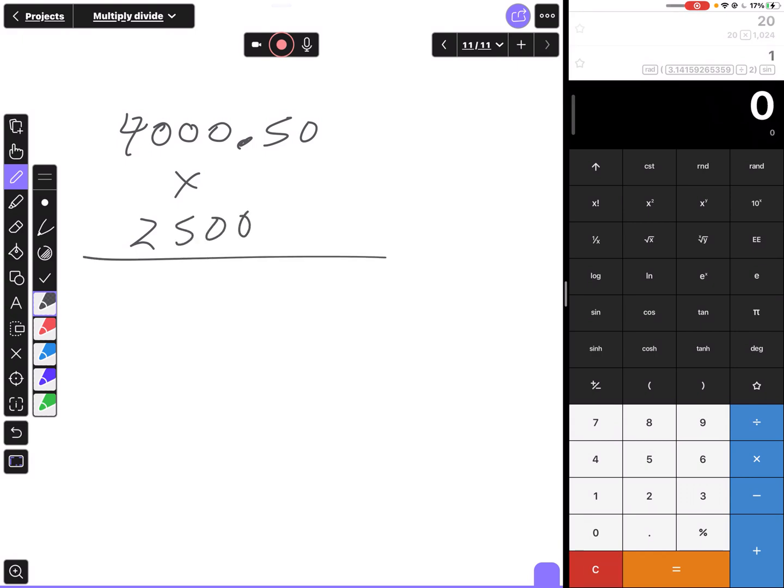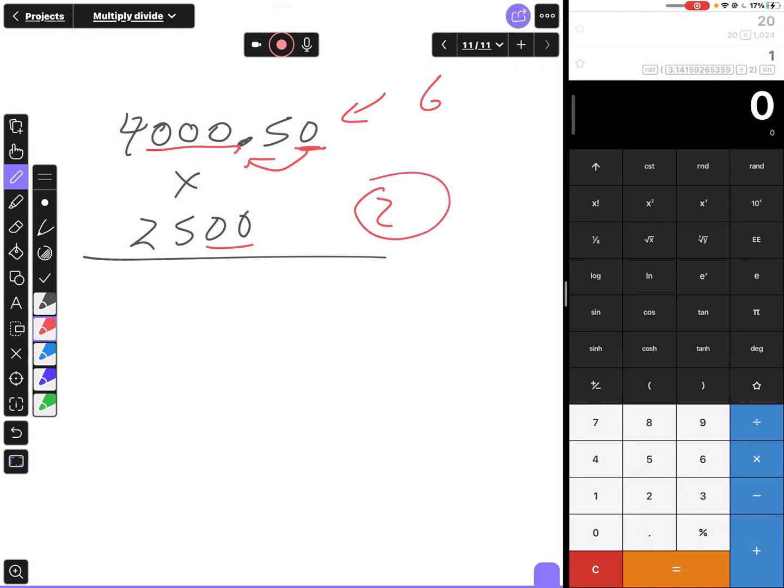First of all, before we do this, let's see how many significant figures our answer needs to have. If we look at this first number at the top, all these zeros are significant. This zero is significant because there's a decimal there, so all those numbers are significant. So that'd be 1, 2, 3, 4, 5, 6 significant figures. In 2,500, these zeros would not be significant because there's not a decimal in there, so that would only be two significant figures.